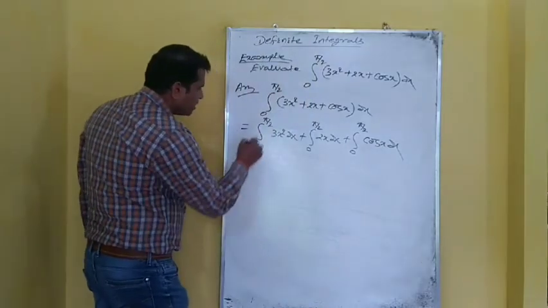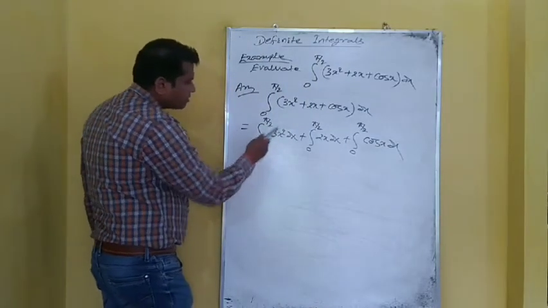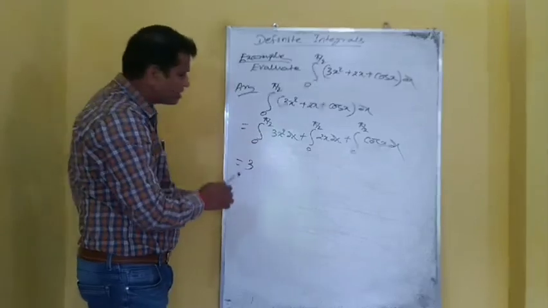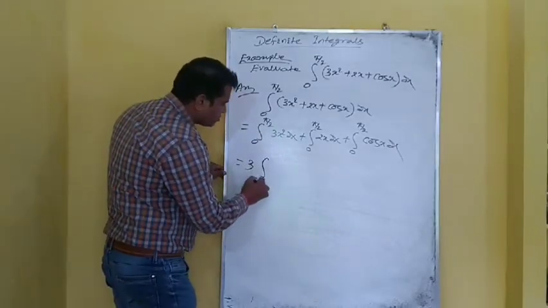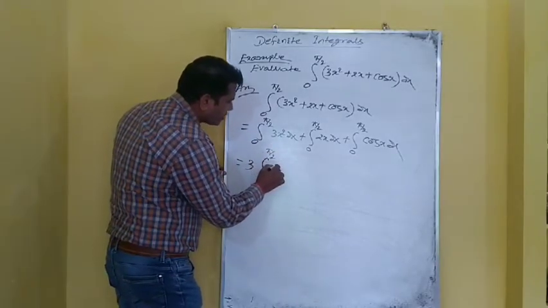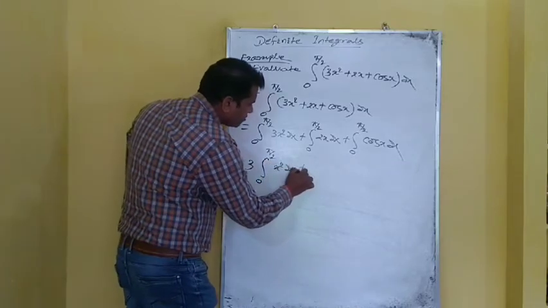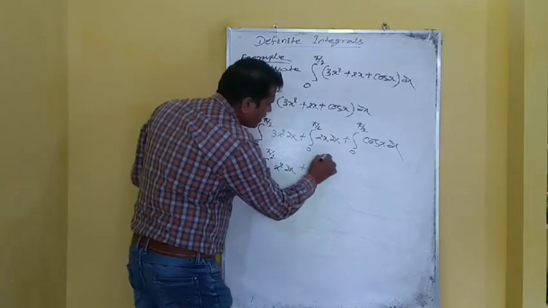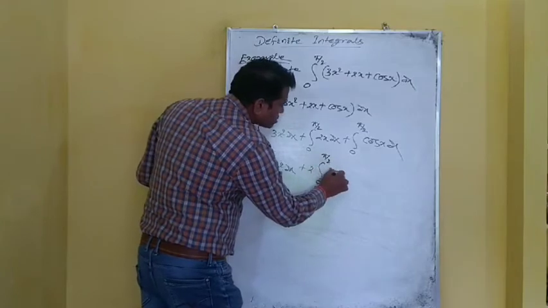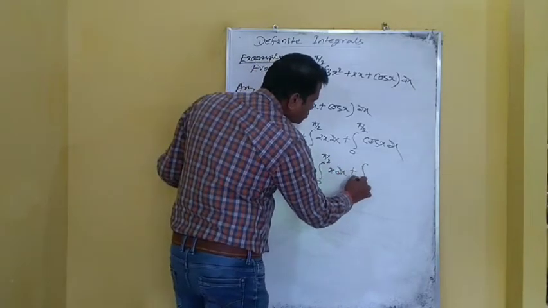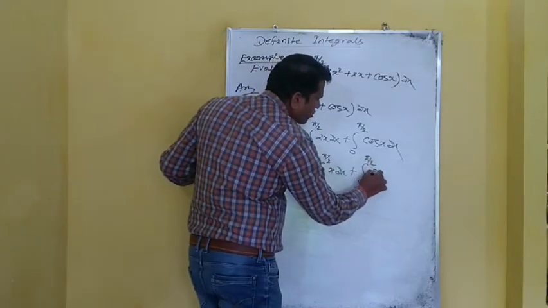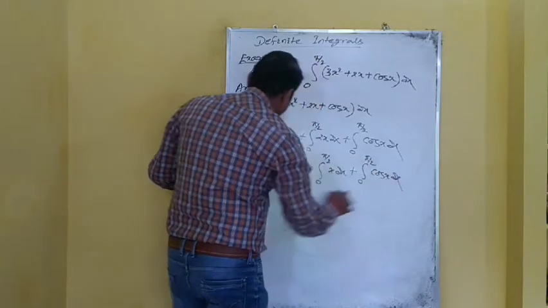Now we take the constant 3 out of the integral sign: 3 times the integral from 0 to pi by 2 of x square dx, plus 2 times the integral from 0 to pi by 2 of x dx, plus the integral from 0 to pi by 2 of cos x dx.